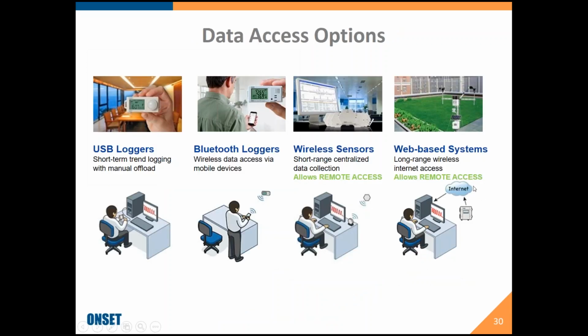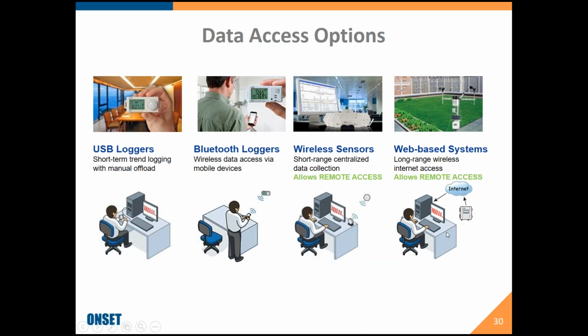Last but not least are the web-based systems. These are long-range wireless access. These are for remote locations where you might not be able to get back to, or you need to leave in a rather difficult place to get to. It uses the internet to upload the data to our server, and our server application is called HoboLink.